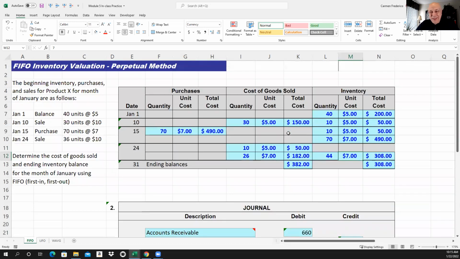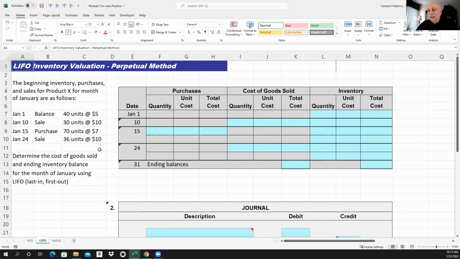We're going to use the same thing for LIFO, same example, just under LIFO. So we'll move it over to the next tab, and you'll see the same information here. So we have our beginning balances, 40 units at $5 a piece. So that's $200 of beginning inventory. And we sold 30 units. Now, again, same as the last example, we only have one layer of inventory here.